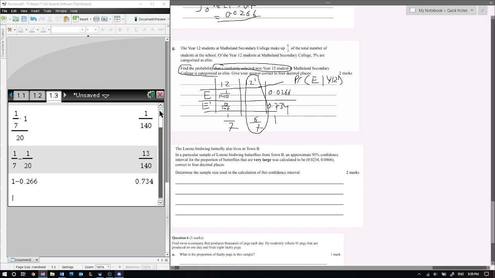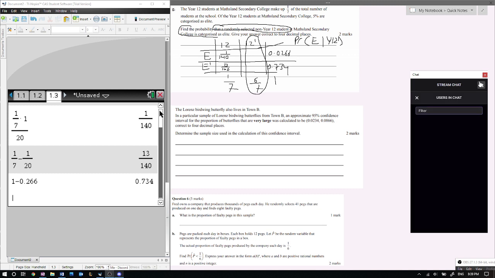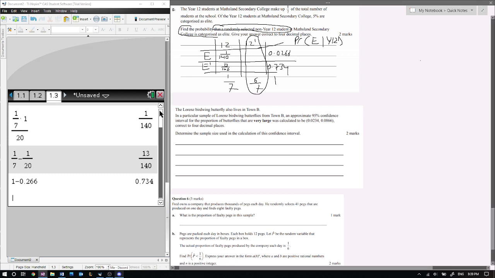Because in lots of questions, you're going to have to figure out for yourself, from the wording of the question, what differentiates it from being a normal one and from a given probability. But this one here, the thing that gives it away is that non-Year 12 student coming before the categorization. So I know that he's choosing from only non-Year 12 students, so it's a given.